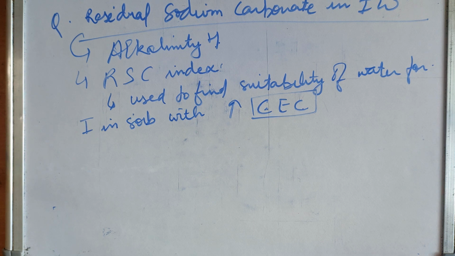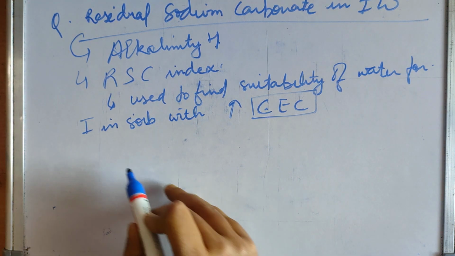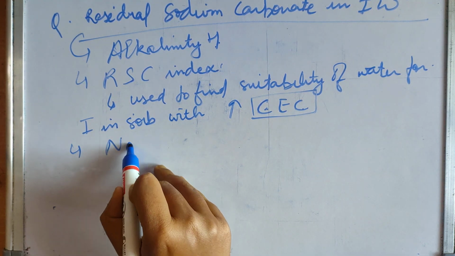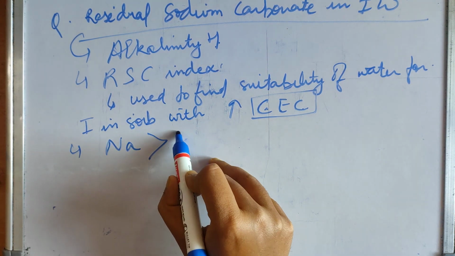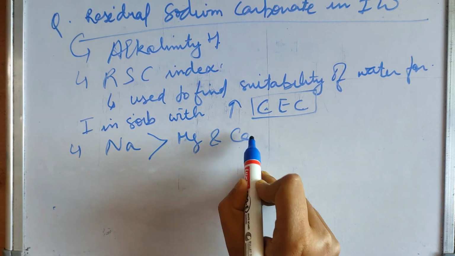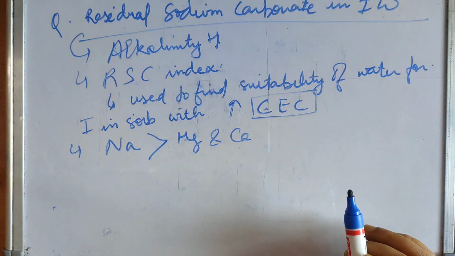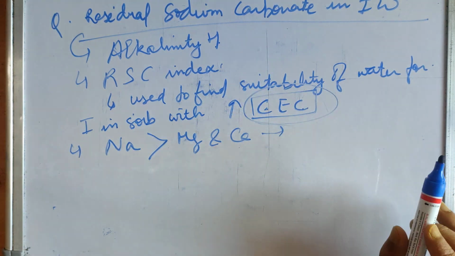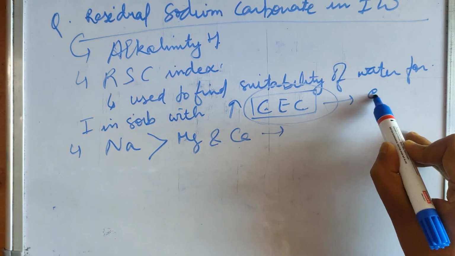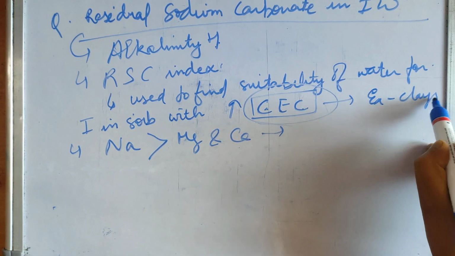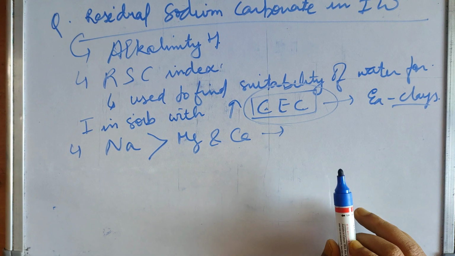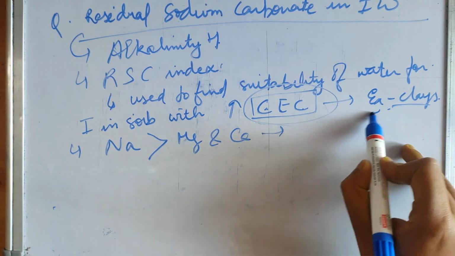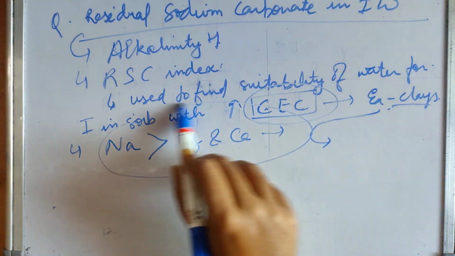When dissolved sodium is high in water as compared to dissolved magnesium and calcium, soils with high CEC, for example clay soil, undergo dispersion.